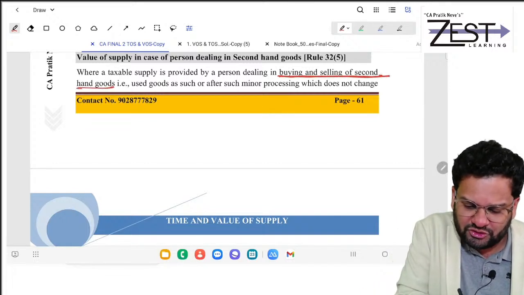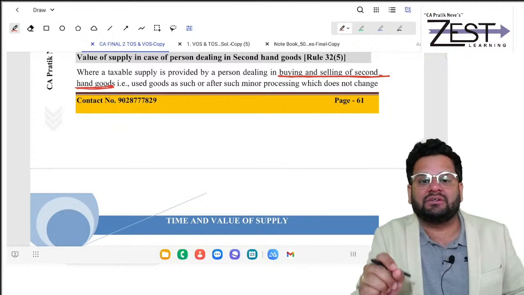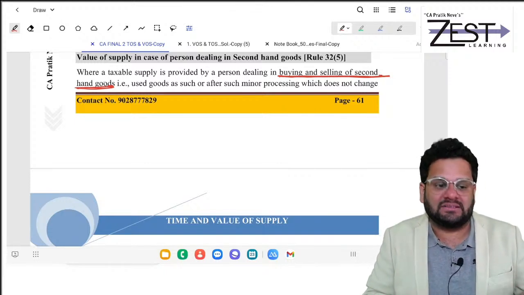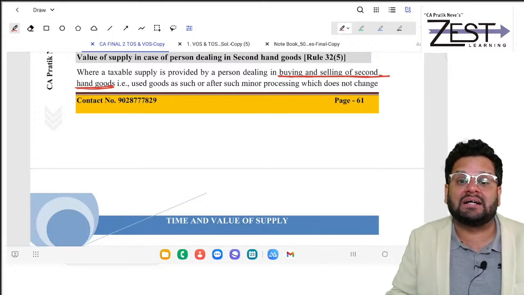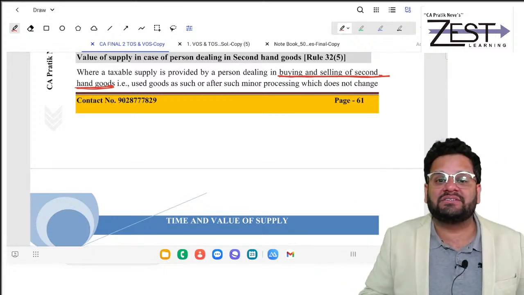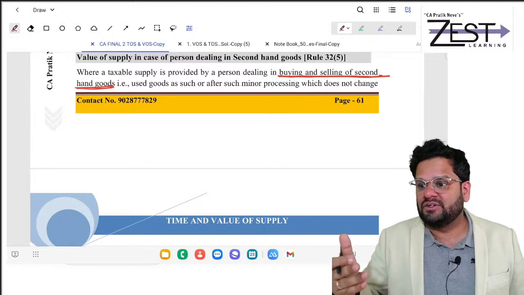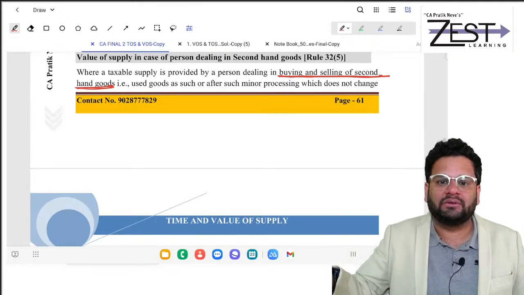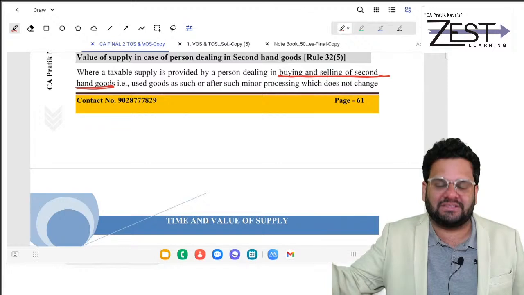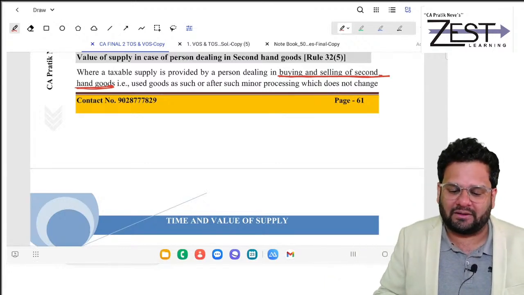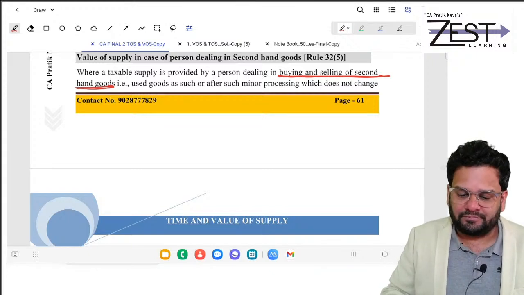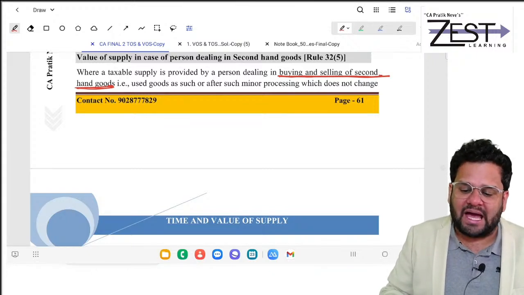Okay, so check where a taxable supply is provided by a person dealing in buying and selling of second hand goods. Mostly imagine a dealer of cars. You must have seen these days premium cars being sold. Premium cars means used cars. Used cars are sold, pre-owned cars. So this particular rule is for that. That is used goods as such.